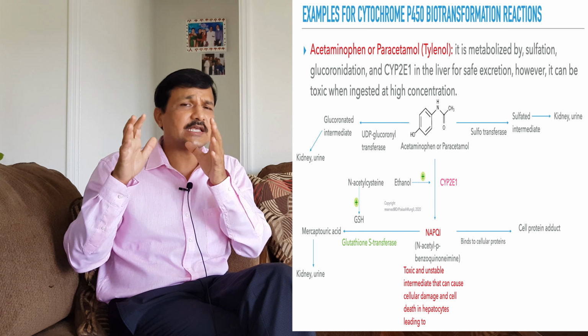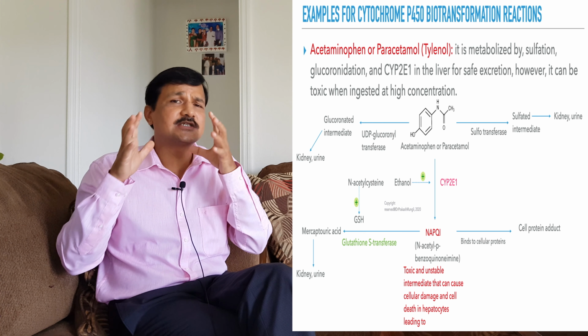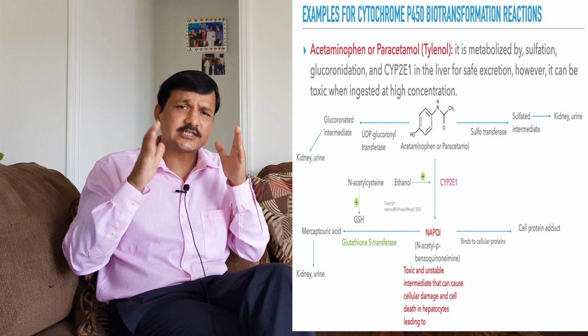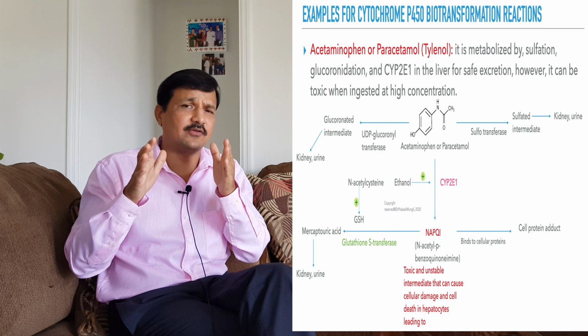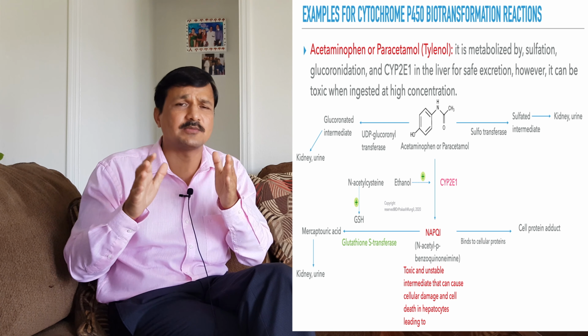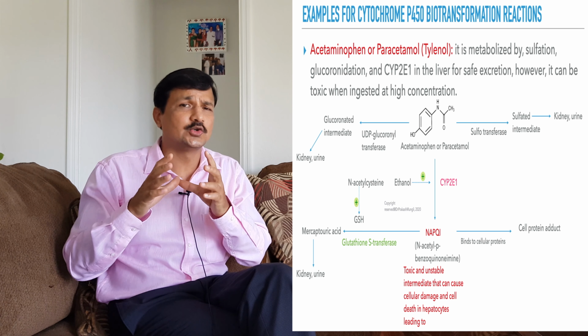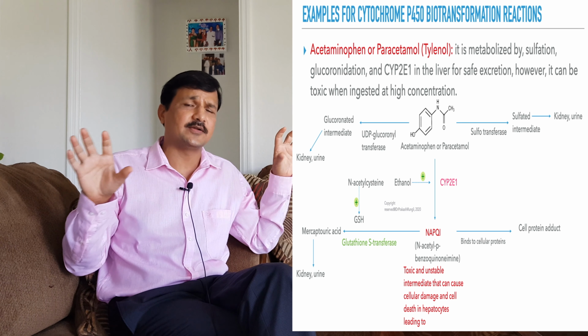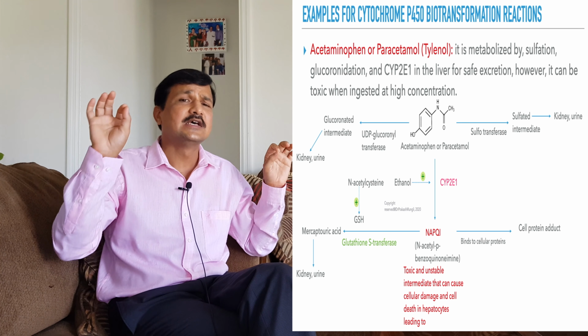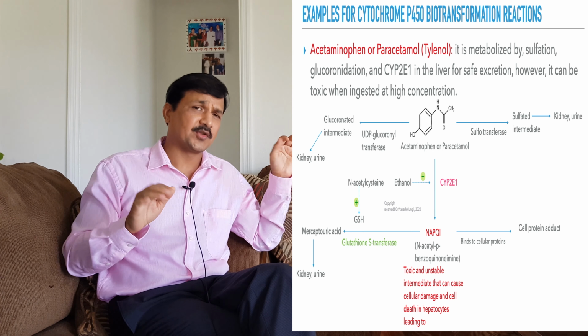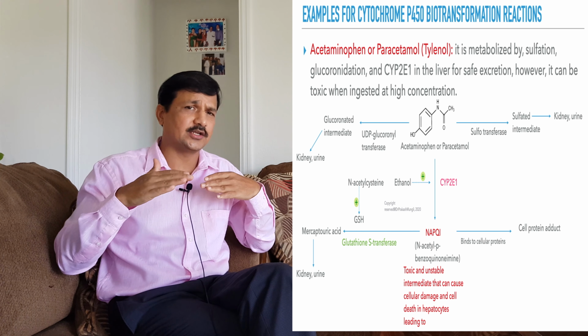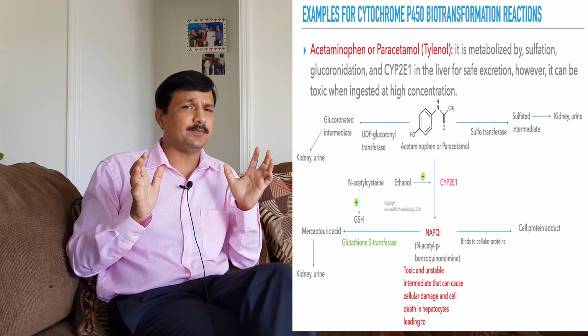So this is what NAPQI is. Only less than 10% of it comes from the metabolism of acetaminophen by cytochrome P450 2E1, because most of it, 90%, is handled by sulfation and glucuronidation. Only less than 10% goes into 2E1 and makes NAPQI.